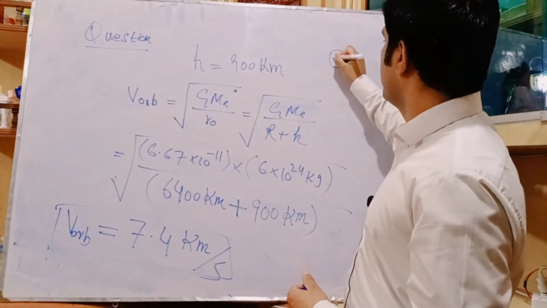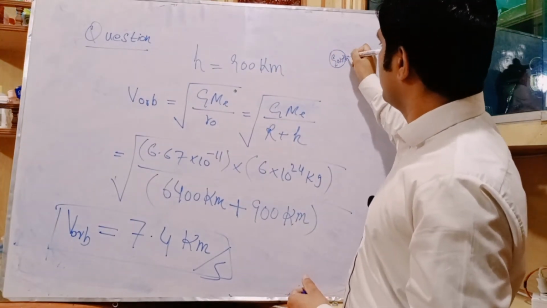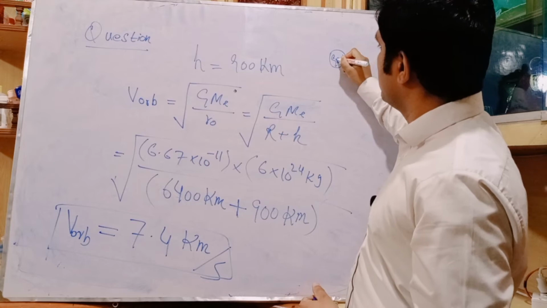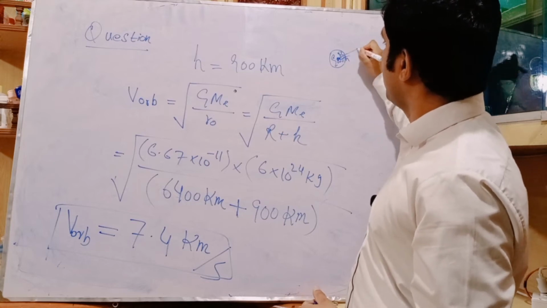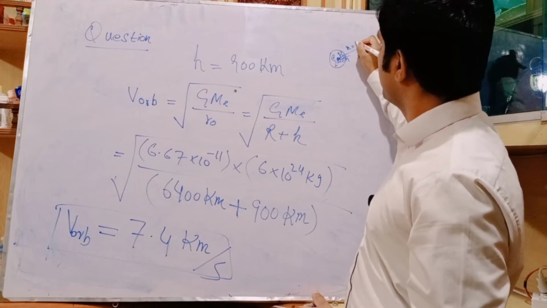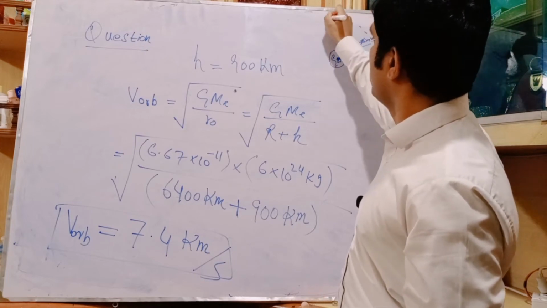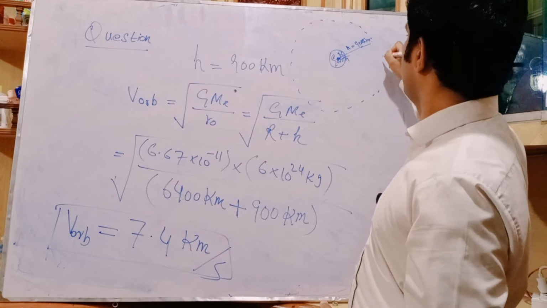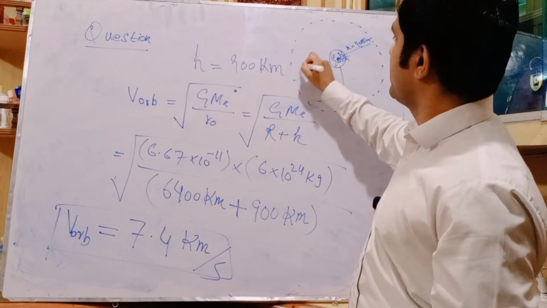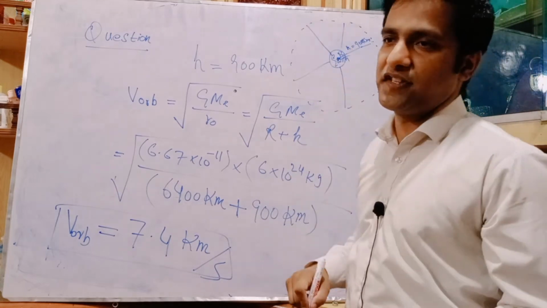Suppose the Earth is here. This is the center of the Earth. This is the radius, and the satellite is here. That is 900 kilometers, and it is revolving like this at constant radius, at constant speed.